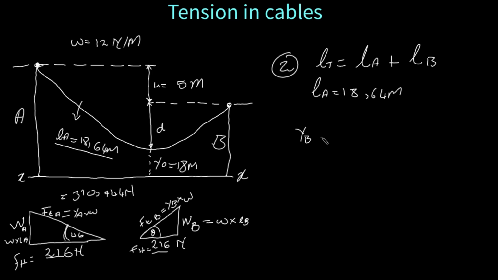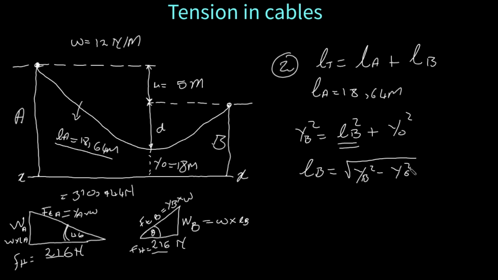YB squared is equals to LB, which is what we are looking for, plus YO squared. This is what we are looking for, so we are going to make it the subject of the formula, getting our formula like this: YB squared minus YO squared. Now we already calculated for YO, but what is the value of YB?